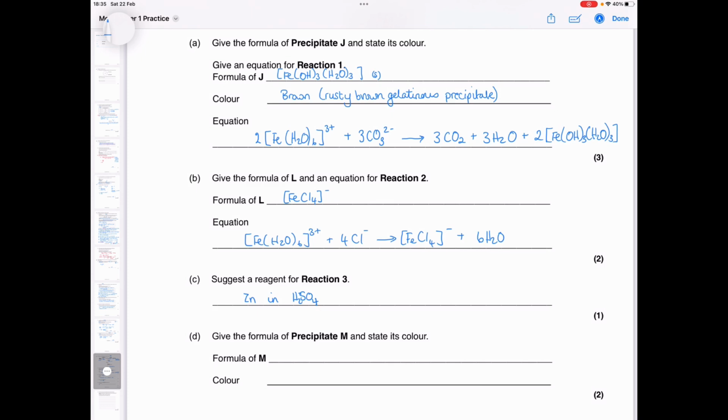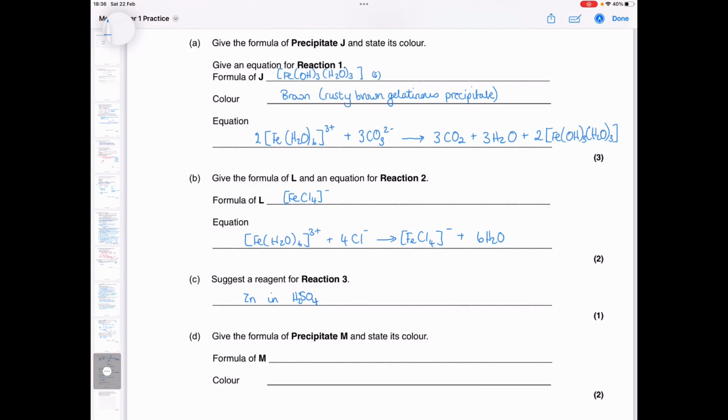You may remember doing the experiment where you would use zinc acidified with a solution of vanadium. So something like ammonium metavanadate, vanadium in its +5 oxidation state, and you would see it being reduced through different colours down to purple vanadium 2+, from yellow vanadium in its +5 oxidation state in the vanadate ion. So zinc is a very good reagent of choice for the reduction of transition metals.